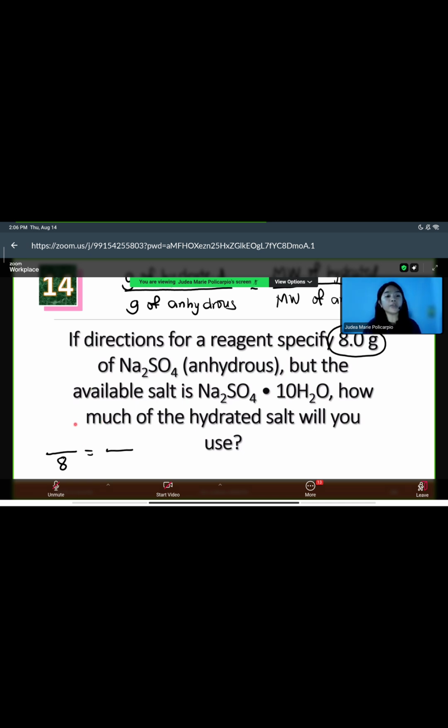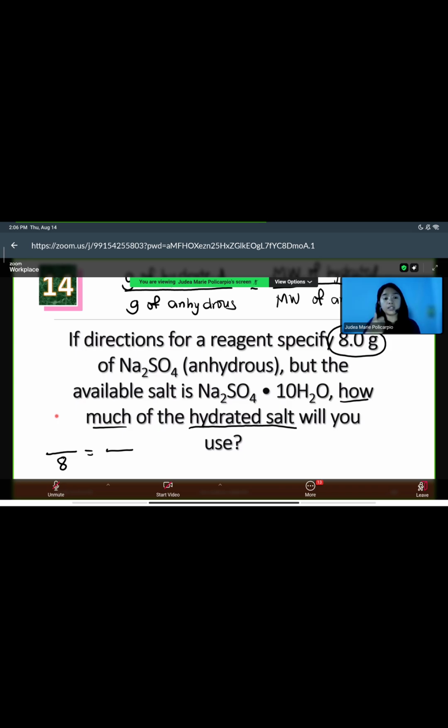Okay? What about the grams of the hydrated? Anong ilalagay natin sa grams of the hydrated? Kung titingnan nyo dun sa dulo, oh, how much of the hydrated salt will you use? Hindi pa natin alam kung gaano kadami yung hydrated salt. So, tinatanong pa lang sa atin yung dami in grams ng hydrated salt natin.